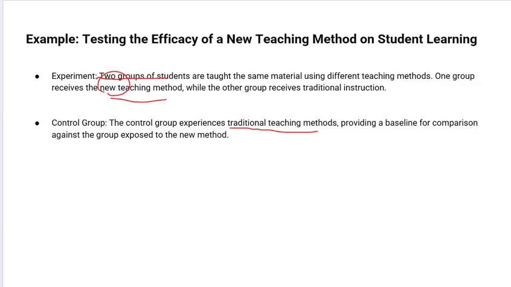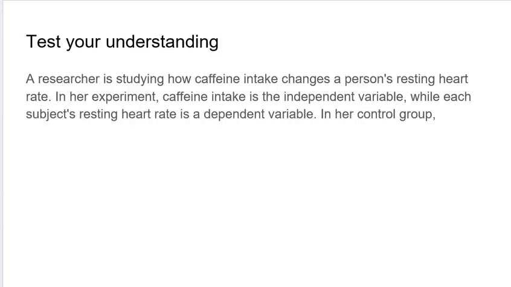And now let's test your understanding. In this scenario, a researcher is studying how caffeine intake changes a person's resting heart rate. In her experiment, caffeine intake is the independent variable, right? Because the caffeine intake is going to be tested.